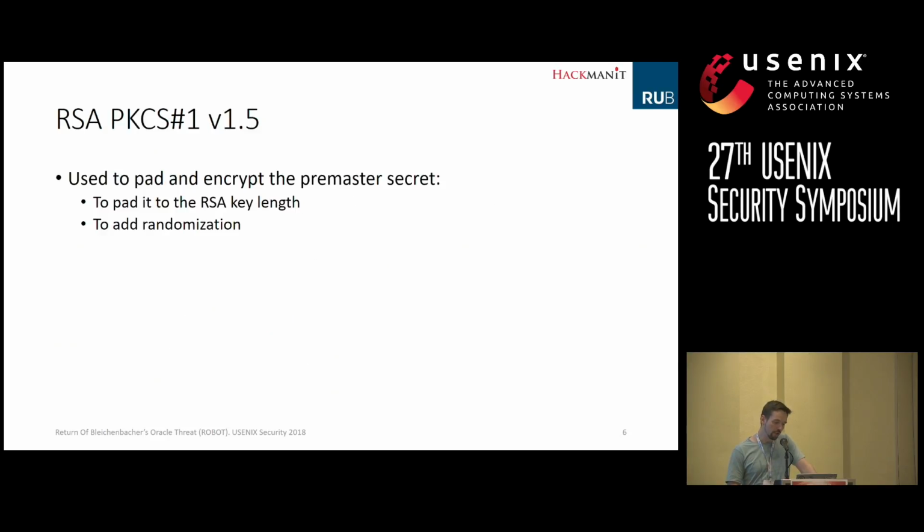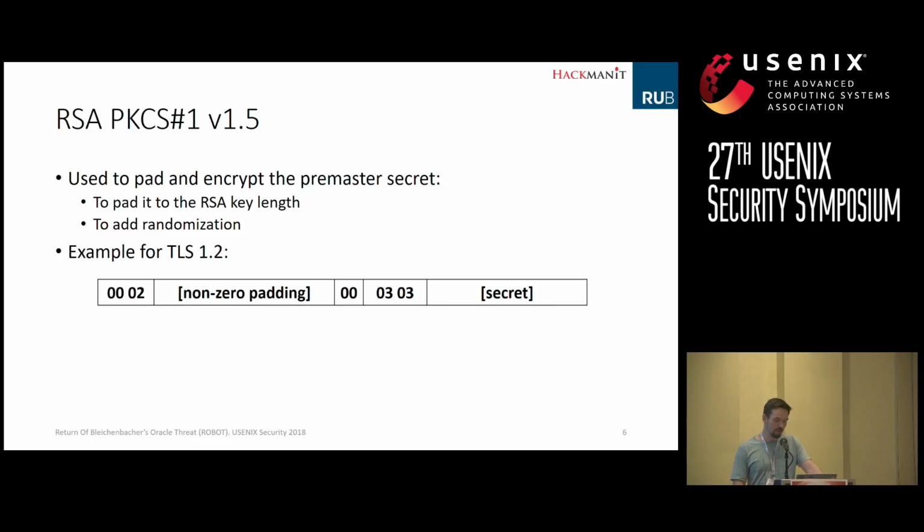For the next part of my talk, the client key exchange message is of crucial importance. It contains an RSA-encrypted pre-master secret, which is encrypted using RSA PKCS #1 version 1.5. In general, this padding scheme is used to pad and encrypt the secrets, in order to pad them to the specific RSA key length and to add some randomization to the message.